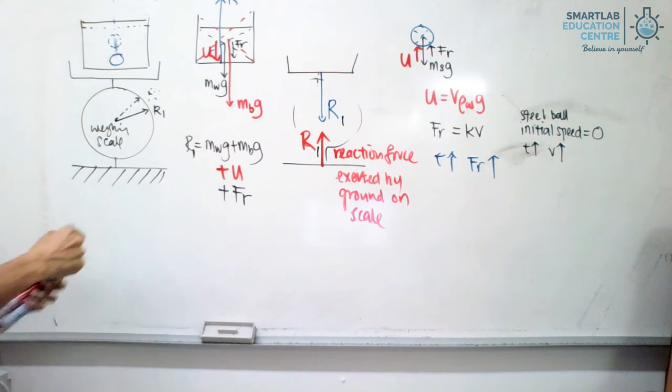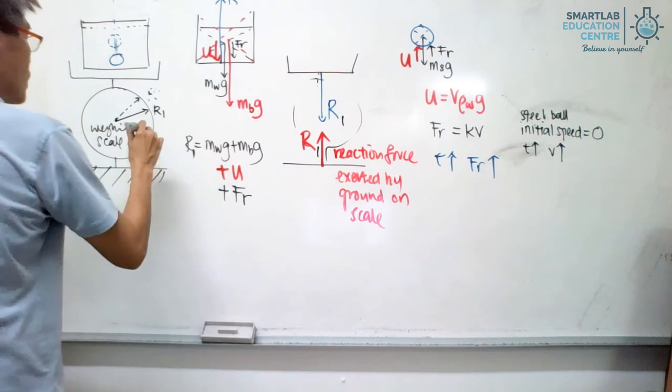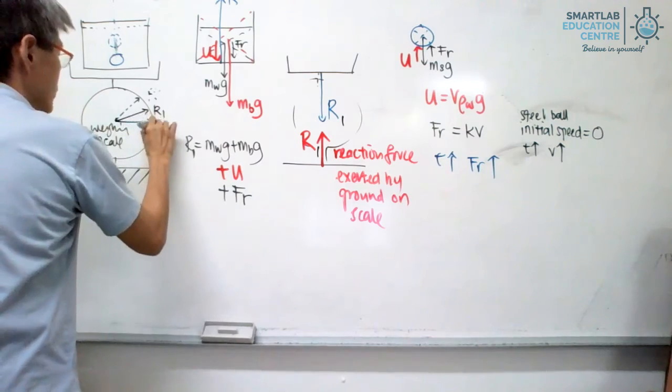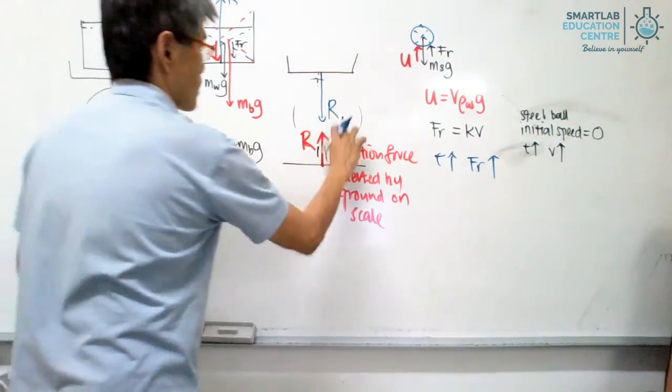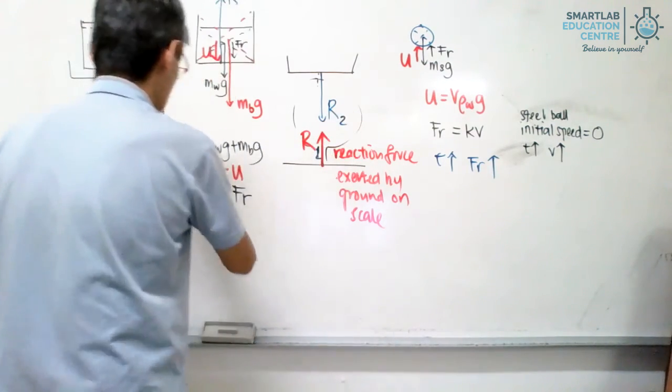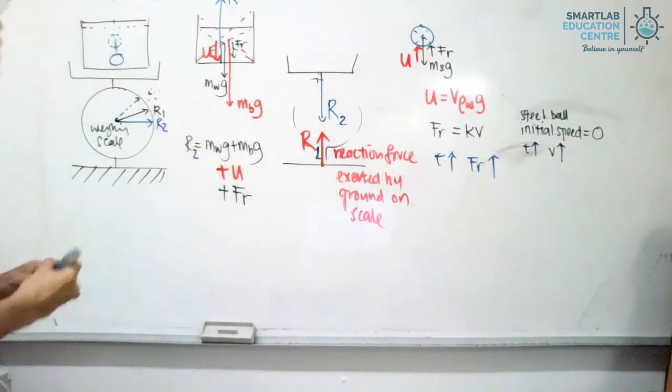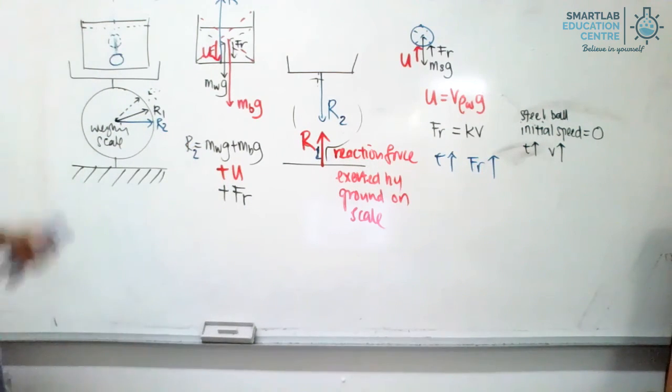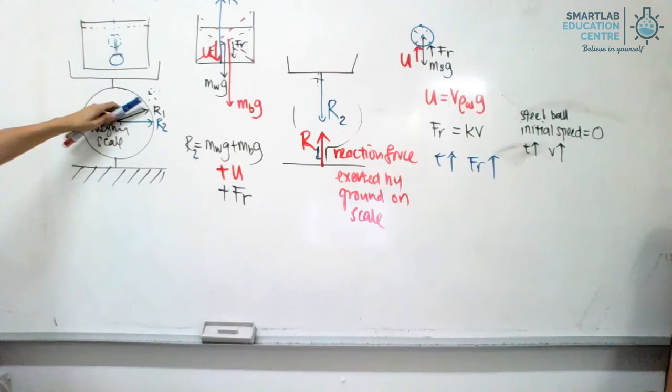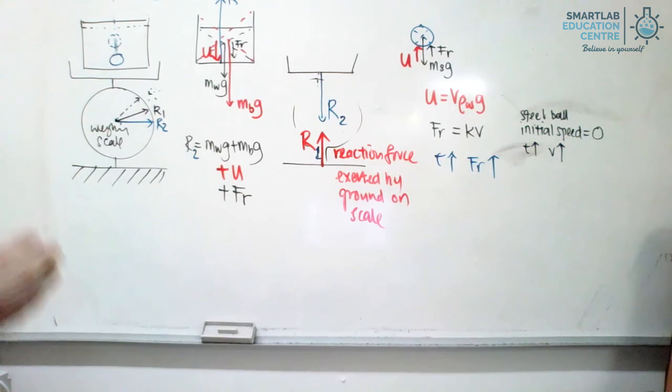Hence, the reading will gradually increase to R2. So the very moment you cut the string, you can expect the weighing scale reading to increase from R1 towards R2, and the maximum value of R2 occurs when the steel ball reaches terminal velocity.